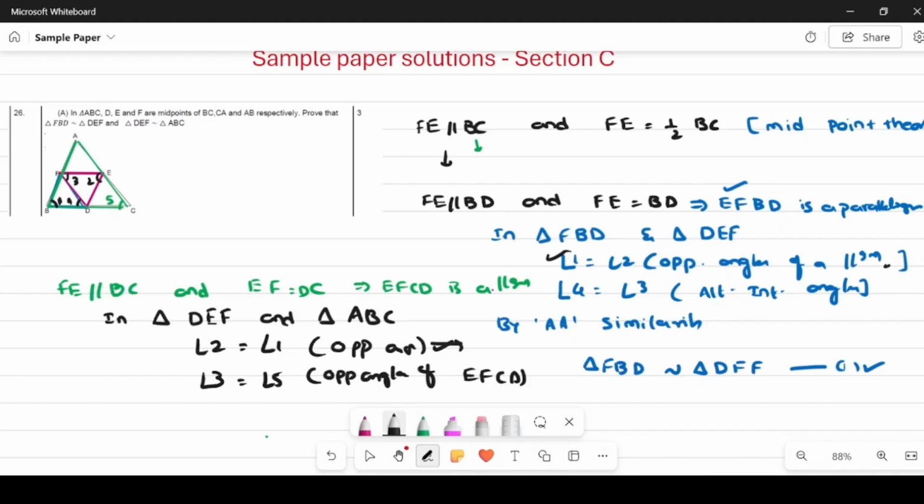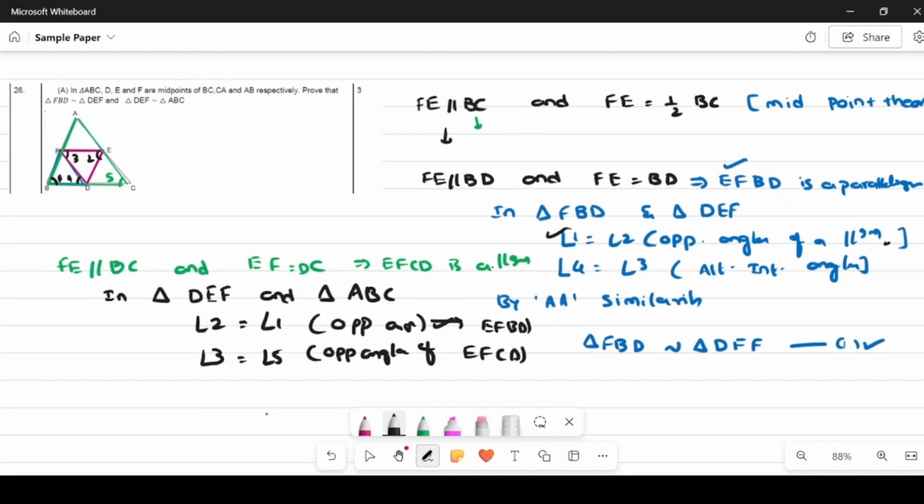These are opposite angles of EFBD, right? Therefore, by a rule of similarity, we have triangle DEF similar to triangle ABC. So hence we prove the second part as well.